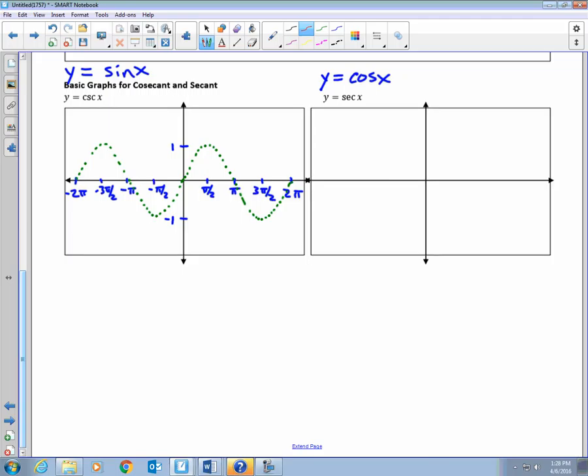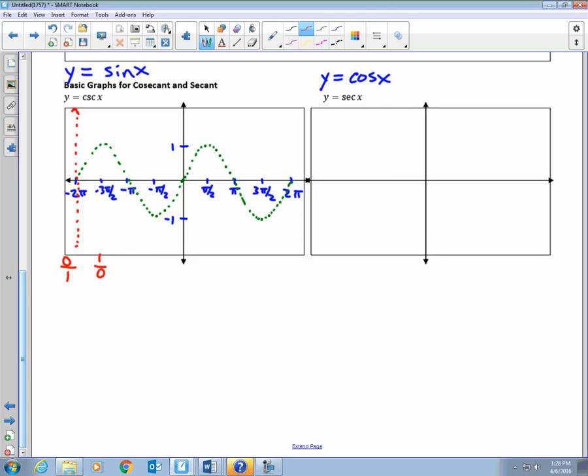Here's where you have to start thinking. Okay? Everybody ready? What is the height of the function right here? 0. From what we learned yesterday, what is the reciprocal of 0? Undefined, right? If you take the reciprocal of 0, you get undefined. So if sine is equal to 0 there, cosecant is undefined.